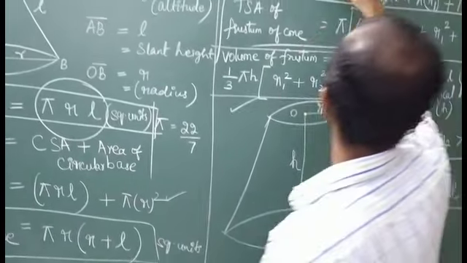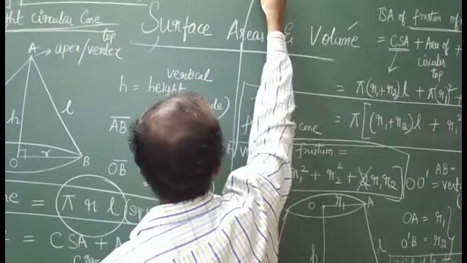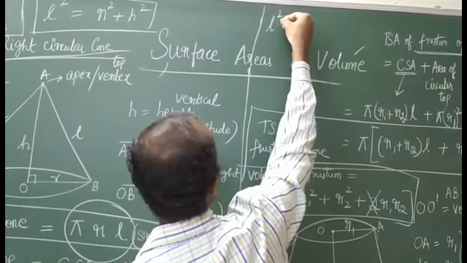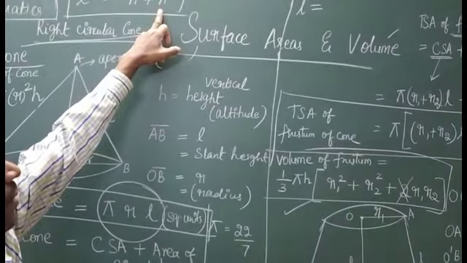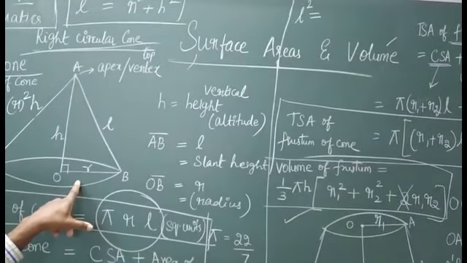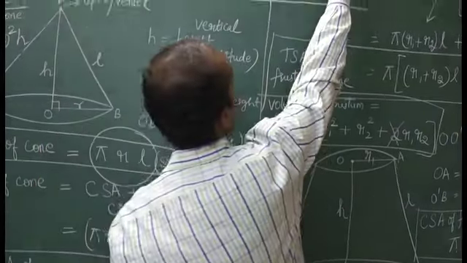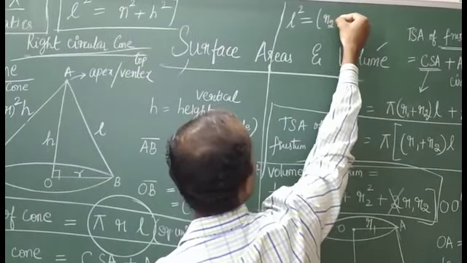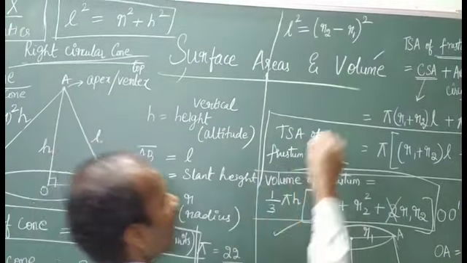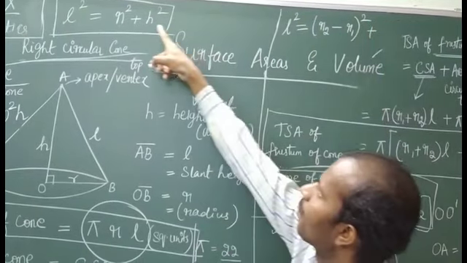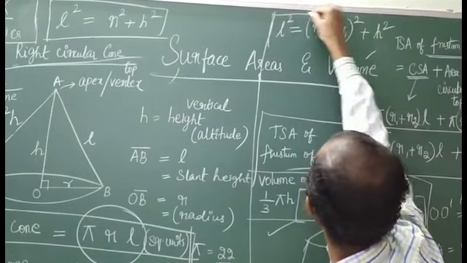Under the frustum of the cone, L square is equal to h square plus, since here we have R1 and R2, take the difference of them, R2 minus R1 whole square. So L square equals h square plus R2 minus R1 whole square.